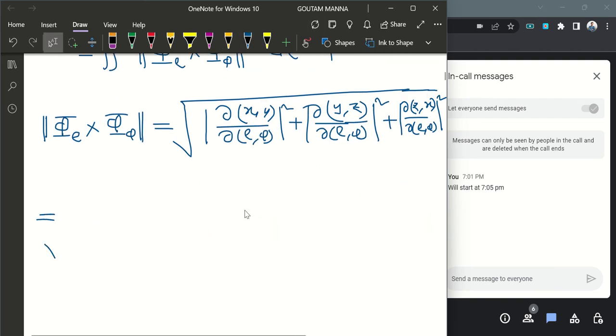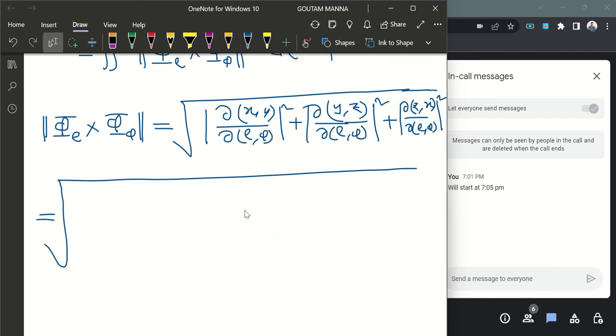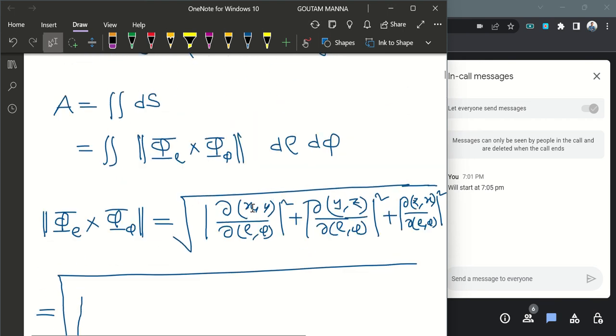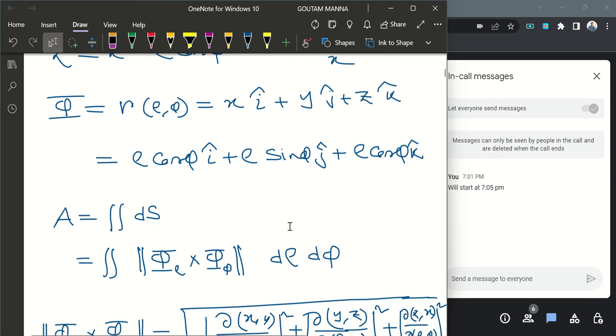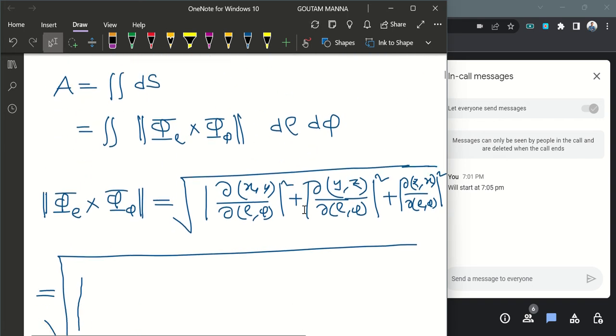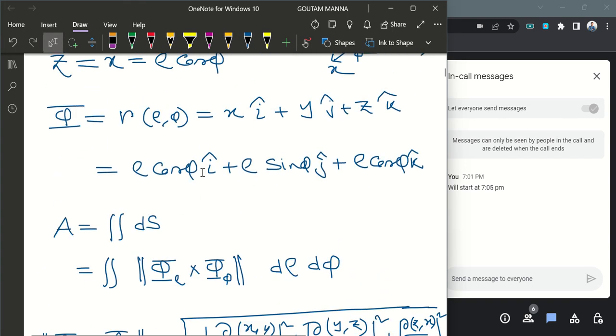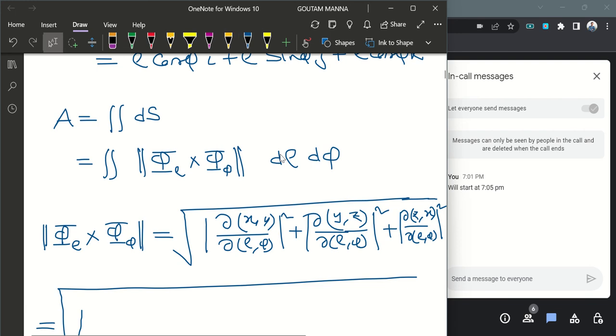Now if you do that, the determinant of this Jacobian del(x,y) by del(rho,phi): the first element is del x del rho. x is rho cos phi, so del x del rho will be only cos phi.